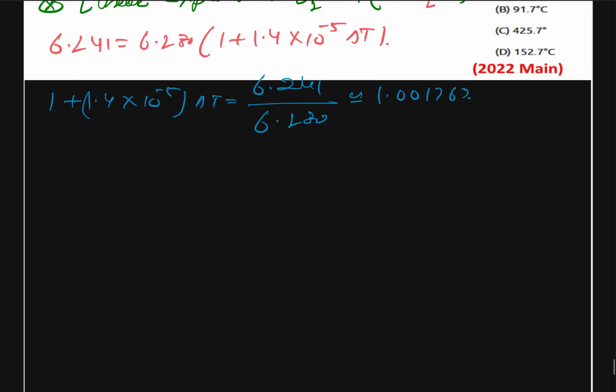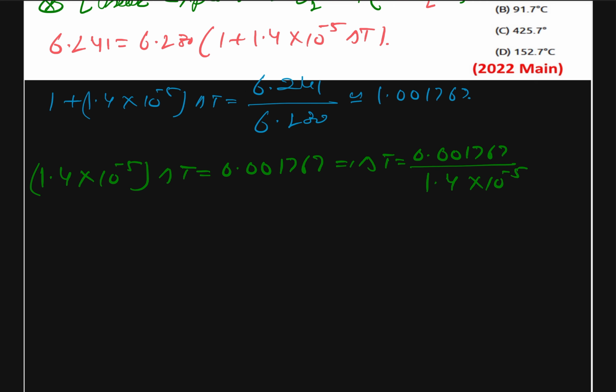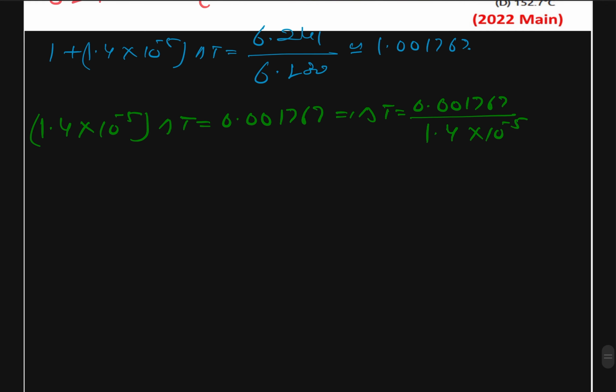So from here we get 1.4 into 10 to the power minus 5 times delta t will be equal to this minus 1, so this will be 0.001767, which gives us delta t equal to 0.001767 divided by 1.4 into 10 to the power minus 5. So we get our change in temperature as approximately 126.2 Kelvin.